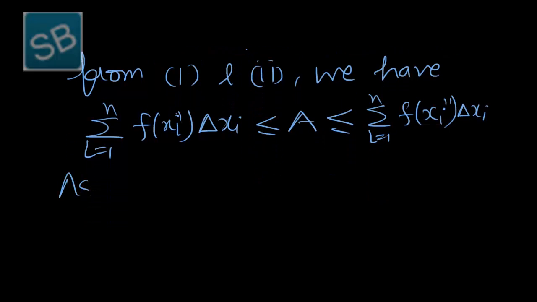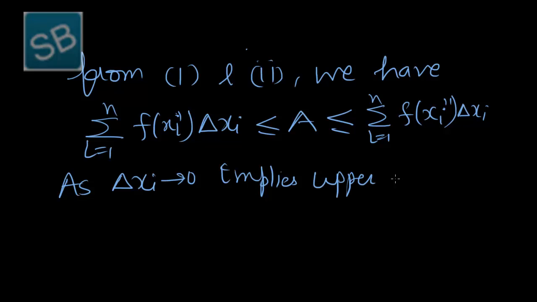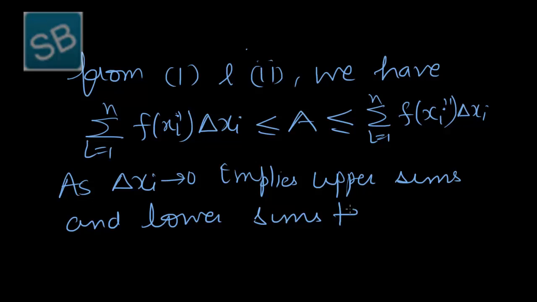As delta xi tends to 0, the upper sums and lower sums tend to a common limit.